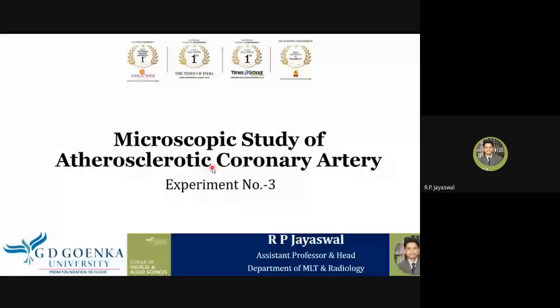The cross section of that coronary artery on the slide we can see as a microscopic view. Today, let's learn about this atherosclerotic coronary artery, basically the microscopic study of this.